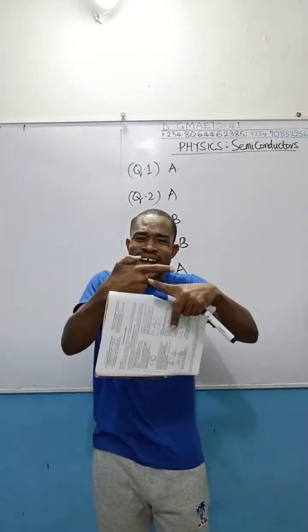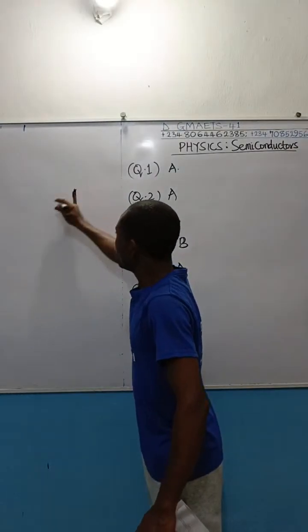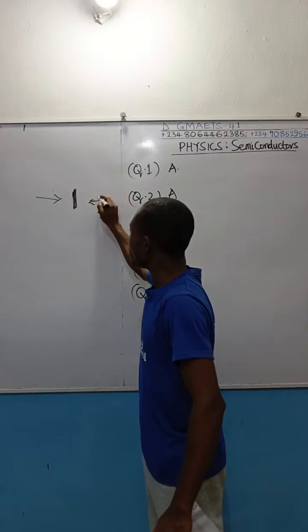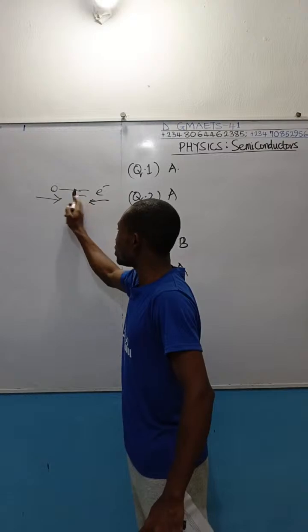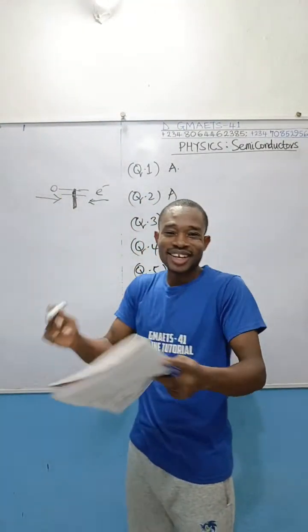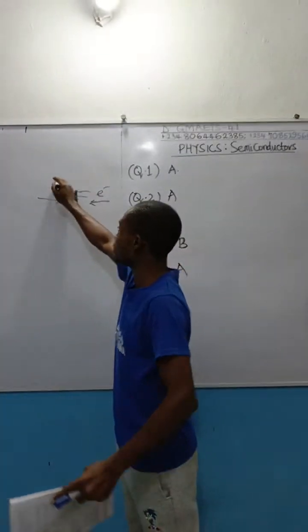So you see that at that junction, assume this is the junction, you have the holes going this way, you have the electrons coming this way, and they are crossing this junction. It's as if they are coming together. Attraction occurs here. This is positive, this is negative.